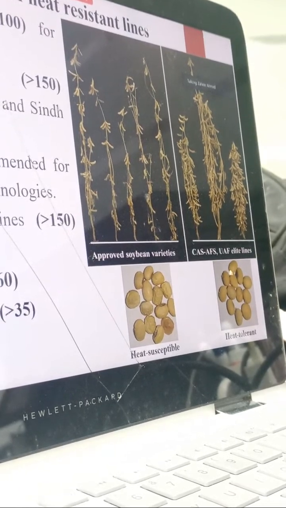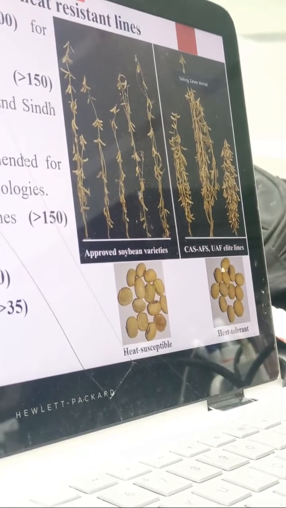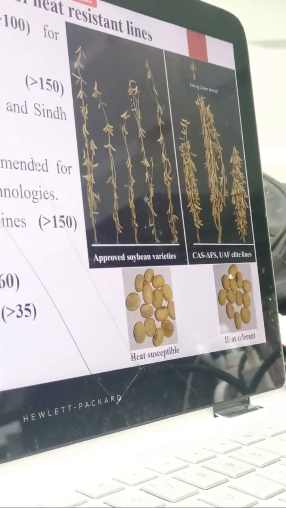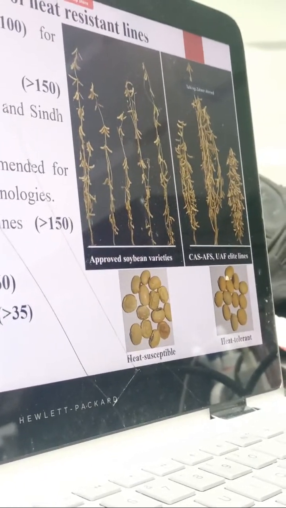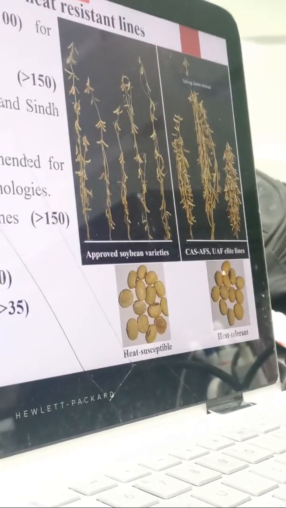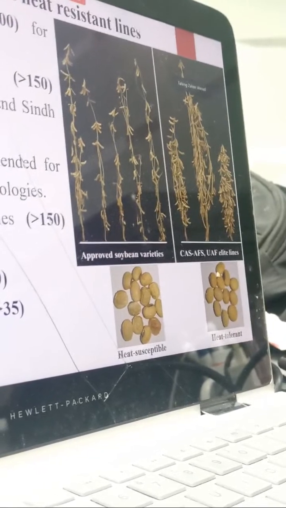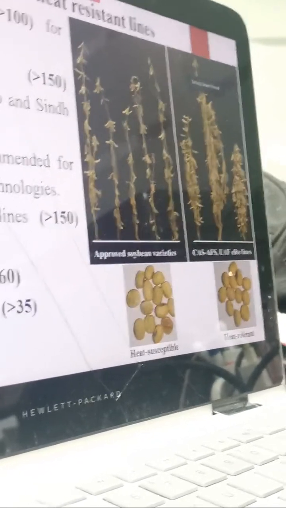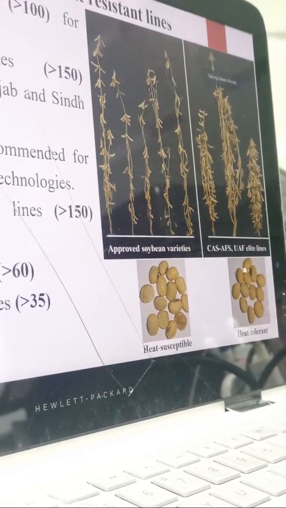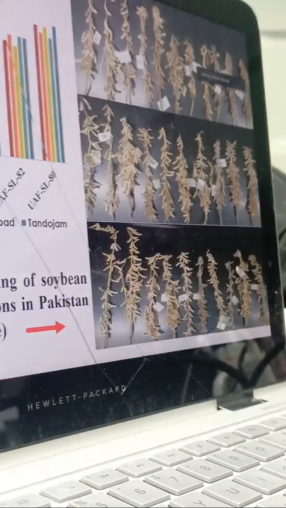Then there are certain trait specific or industry specific lines, for example protein and oil enriched lines, which are almost 150. There are certain silage specific lines, and many other lines which can be used for vegetable purposes. So we try to cover almost all aspects of soybean utilization in different industries.